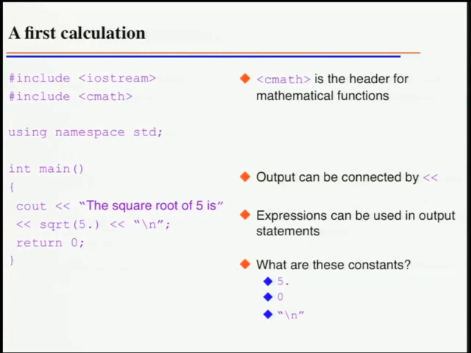So let's start trying something more useful and do some actual calculation. Here, after the iostream header, which we've already seen, we include the cmath header, which, as the name already suggests, is the header for mathematical functions. Specifically, we use this square root function, sqrt, from there.